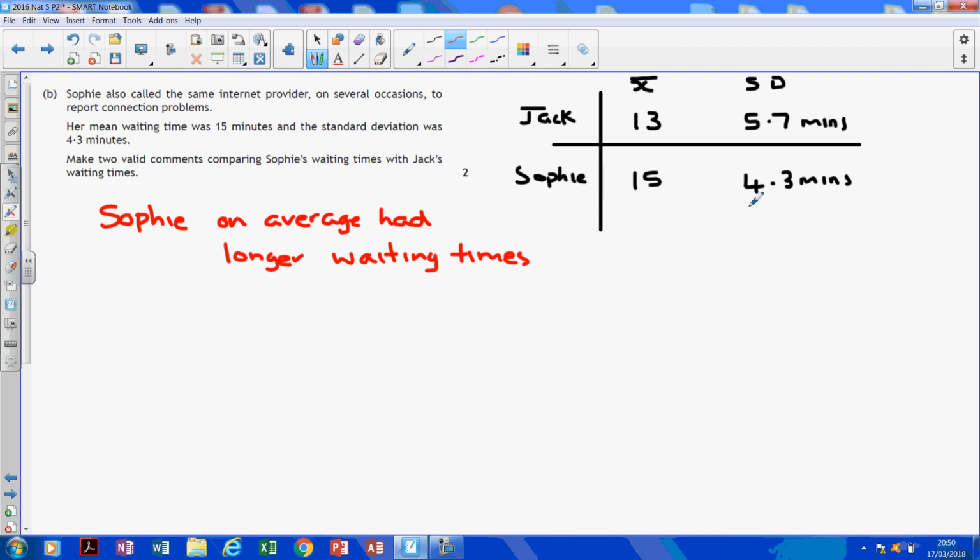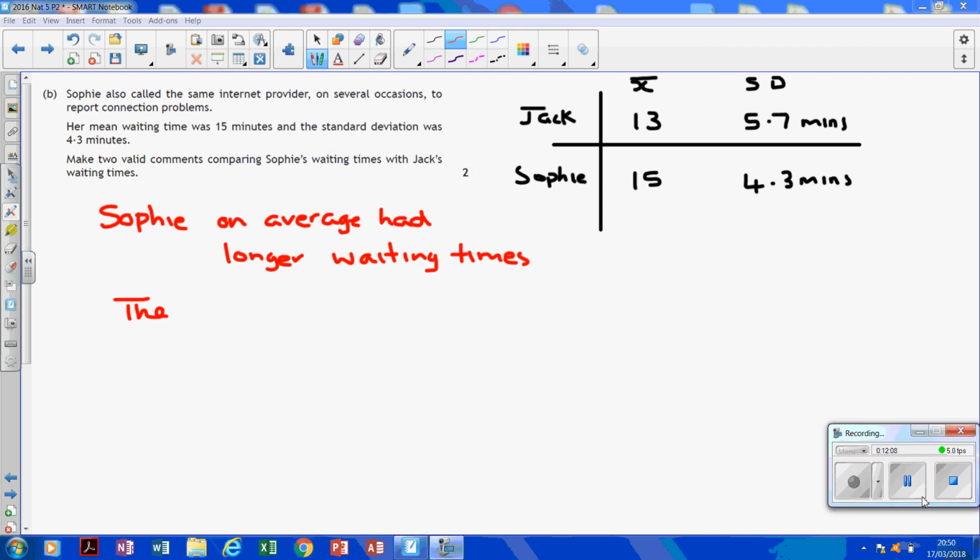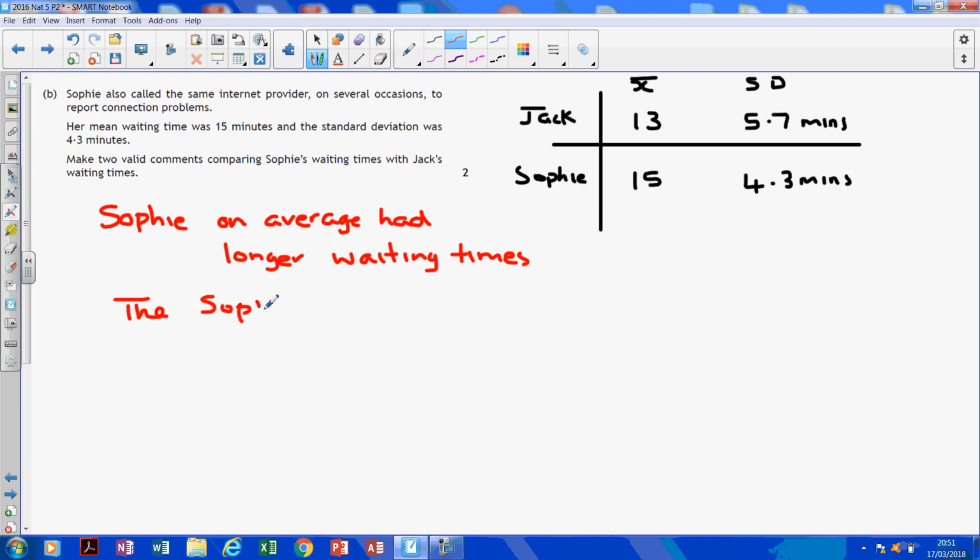So Sophie, the spread of her times where the standard deviation was 4.3, whereas Jack's was 5.7. Now what does that mean in terms of her waiting on these phone calls? It means that on average, the times that she had to wait were less spread out. So you could say the time Sophie had to wait was more consistent.